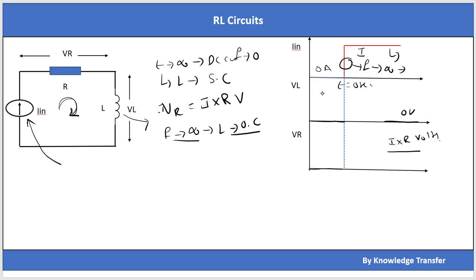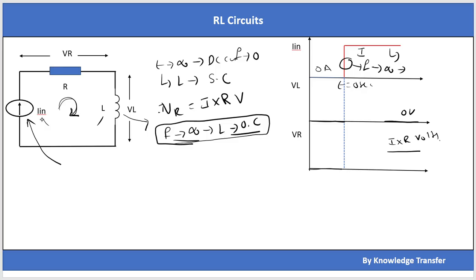Because at t is equal to 0 seconds, the inductor is not allowing the current to flow through it, and there is no other parallel path, so the current must go through the inductor. But the inductor is not allowing the current to flow, while the current source behavior is that it should source I current. So there is a contradiction here.